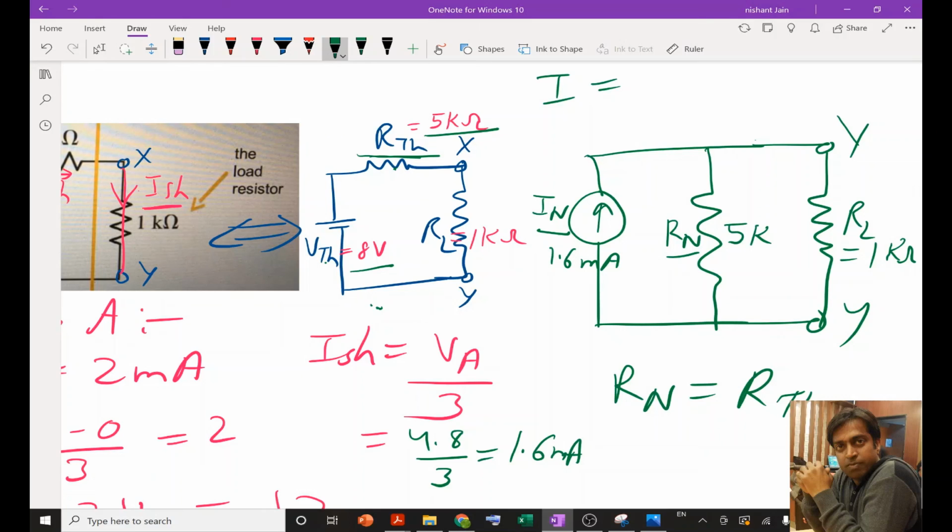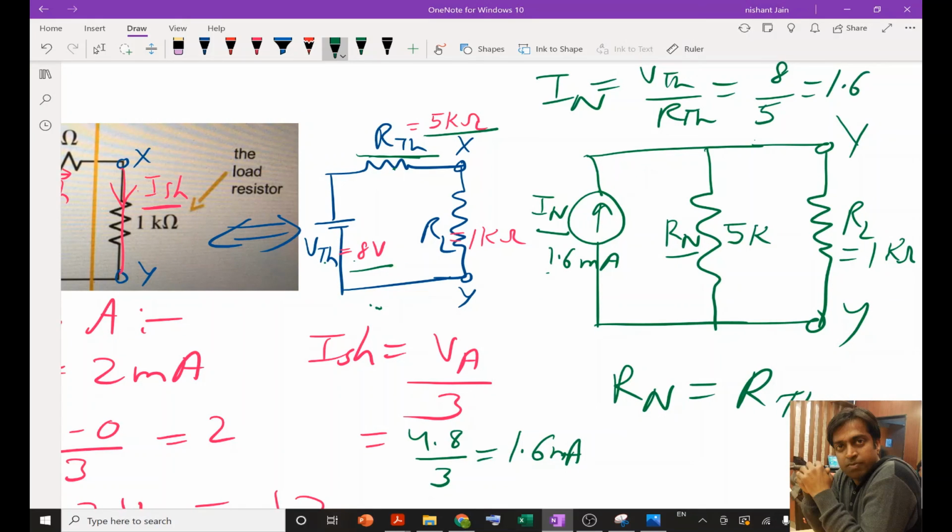So to calculate this IN from the Thevenin resistance and voltage, we can write VTH equals IN times RTH. VTH is 8, RTH is 5, so we get 1.6 milliampere. So you can see that with the source transformation we also get the correct value of IN, and RN is the same as RTH. So this proves that the Norton and Thevenin equivalent circuits can be obtained by source transformation.